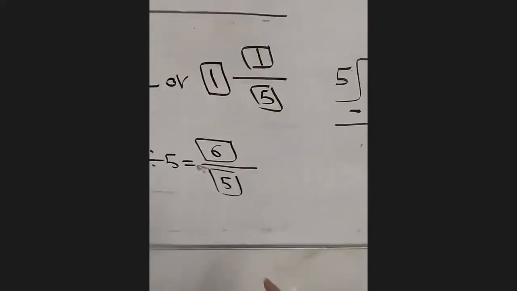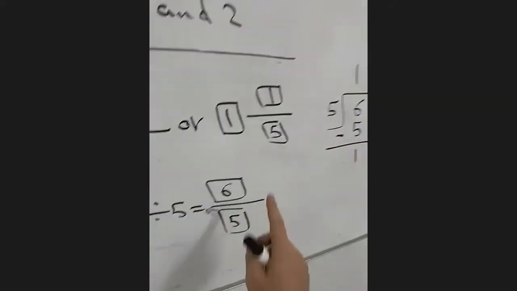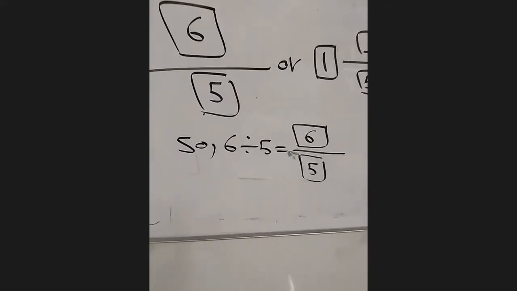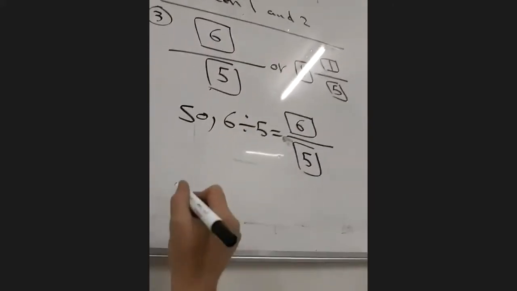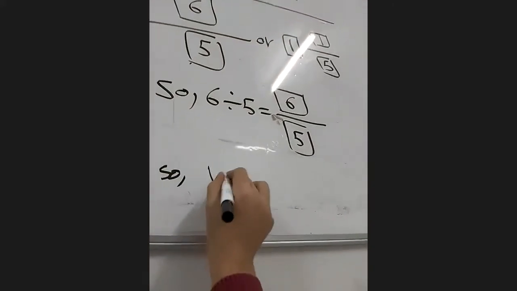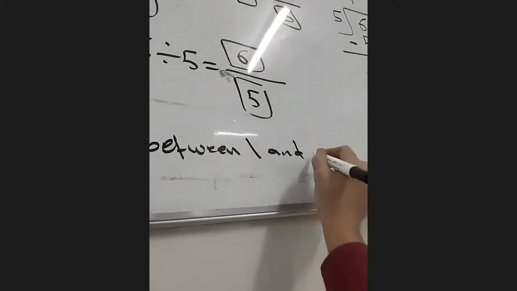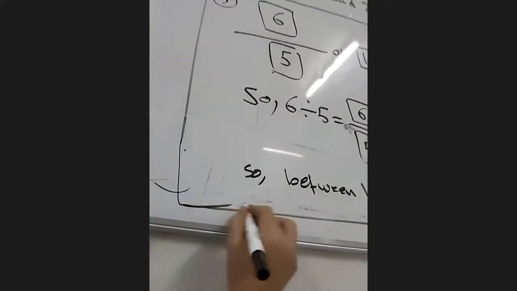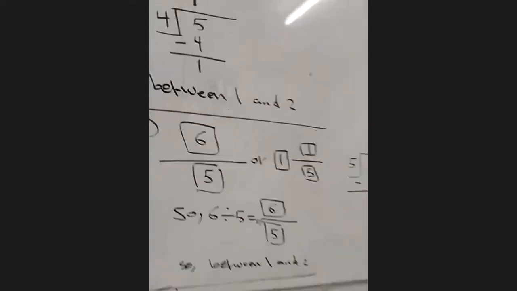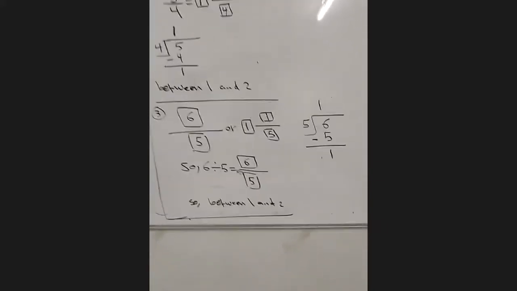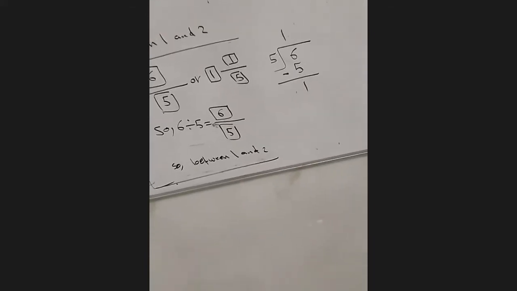So here 1 and 1 over 5, between which two numbers? 1 and 2. So it is between 1 and 2. This is question 3, guys. Thank you, Ahmed. Do you understand it? Good. Fill it in, guys. This is question 3.